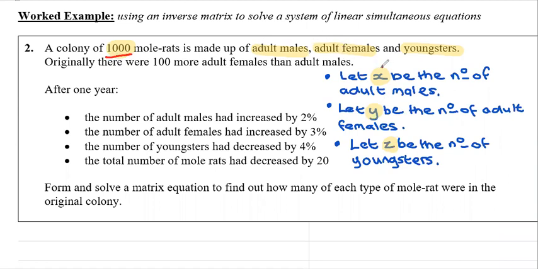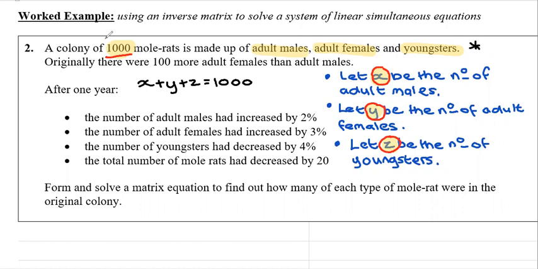So that means that if I add together the X, the Y, and the Z, that will give me the total number of the mole rats. So if I do that, that's going to give me a total of 1,000. So it's going to be X plus Y plus Z is equal to 1,000, which is good. So we've got one equation there, and that's from just this first sentence right here.